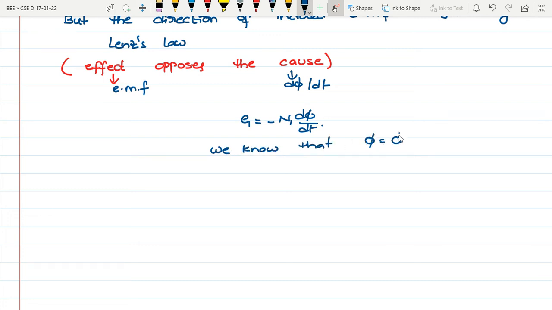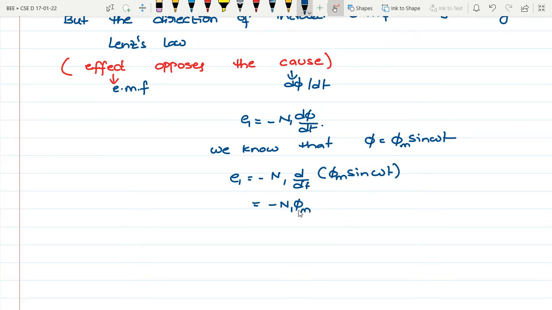Phi is equal to phi m sine omega t, right? So I am going to substitute that phi in this equation. E1 is equal to minus N1 d by dt of phi m sine omega t. So minus N1, phi m is also constant, you can write it outside, d by dt of sine omega t.